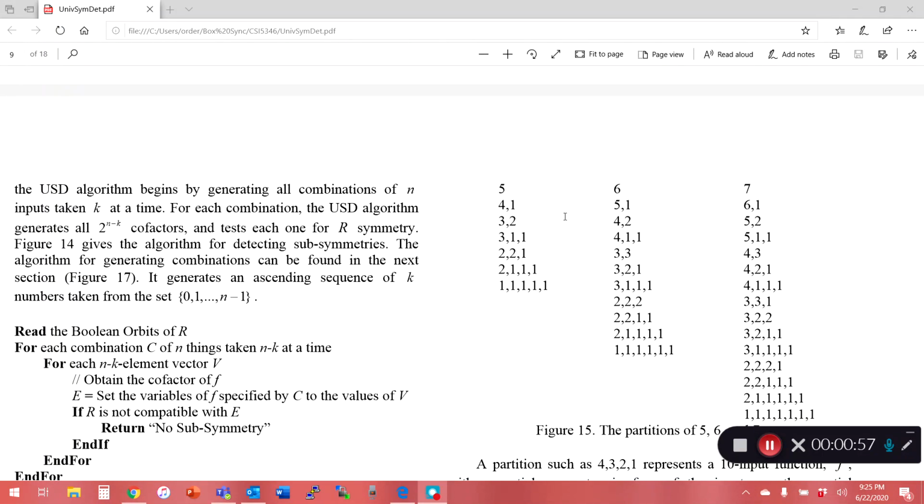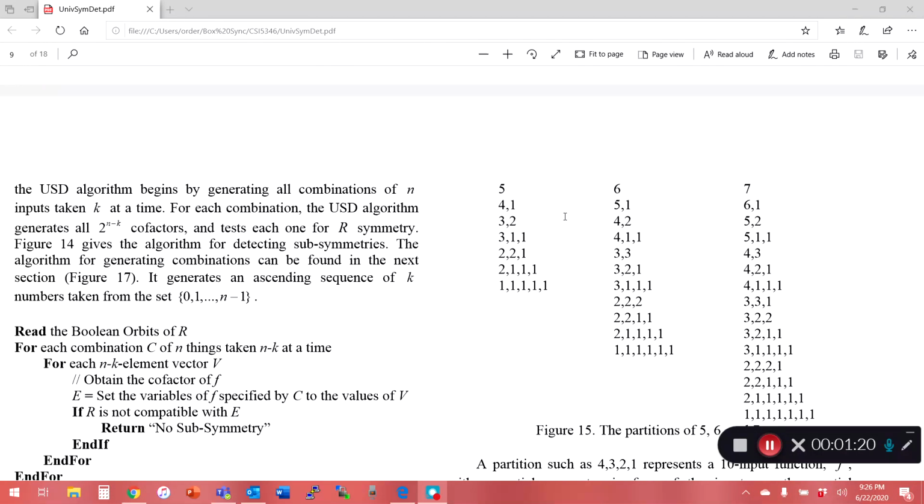So in figure 15, we show how the various partitions of an integer correspond to various types of partial symmetry. In the column on the far left in figure 15, we have 4, 1.